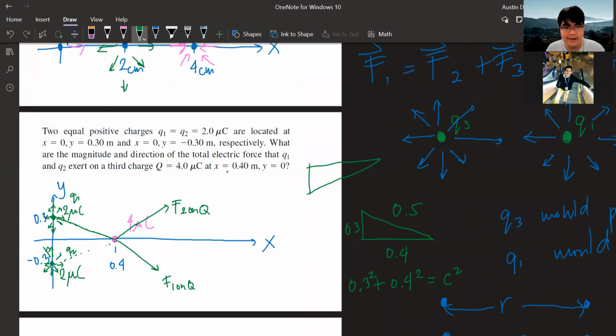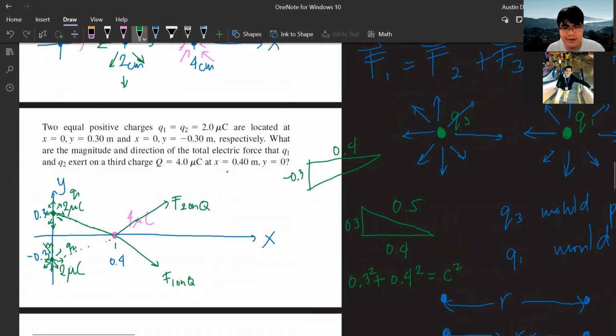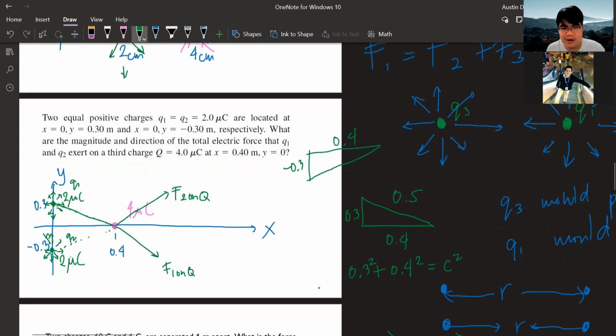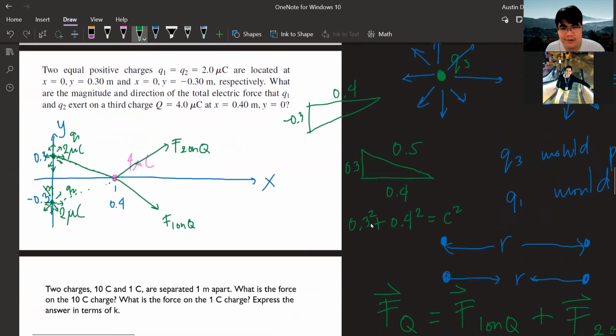This is negative 0.3, 0.4. Tapos kukunin mo tong hypotenuse, i-square mo naman siya. Square ng negative 0.3, ganun pa rin, kasi yung square ng negative number is positive. Therefore, this is the same 0.5.